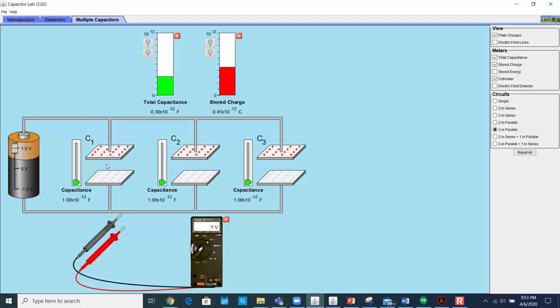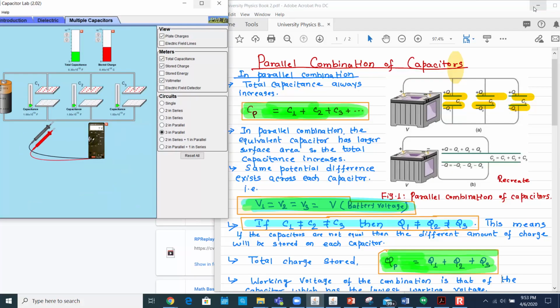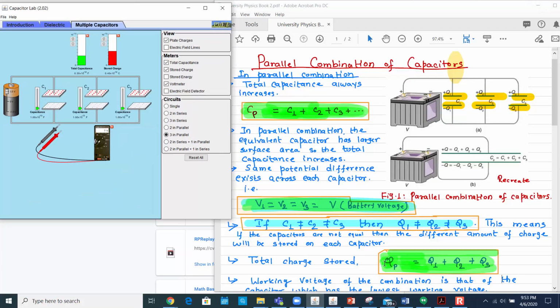The potential across each capacitor will be exactly the same, and the total charge is the charge on the C1 capacitor, C2 capacitor and C3 capacitor, which is given right here. So this is it for the parallel combination of capacitors.